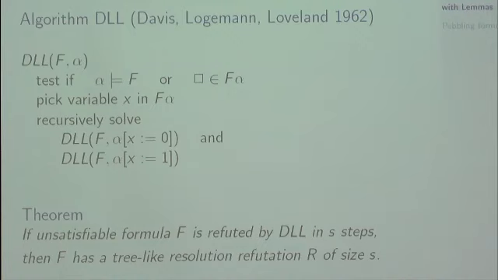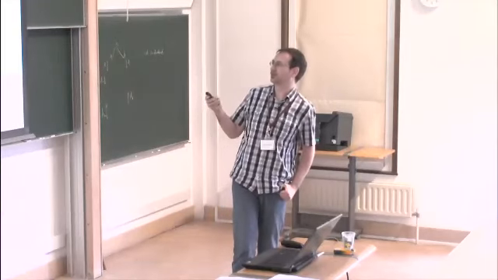Also the converse holds. If you have a resolution refutation of size S, then you can use this as a blueprint to obtain a DLL run which solves it in S steps by choosing the variable that is resolved on at each node. So this is the tight back and forth correspondence between the runs of the DLL algorithm and resolution refutations of the formula.